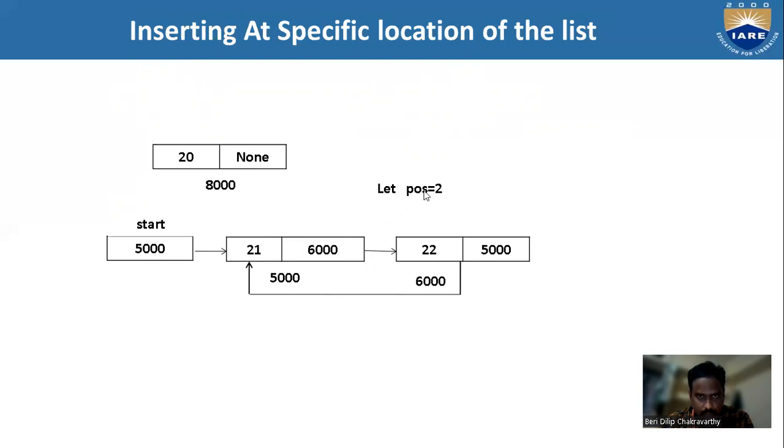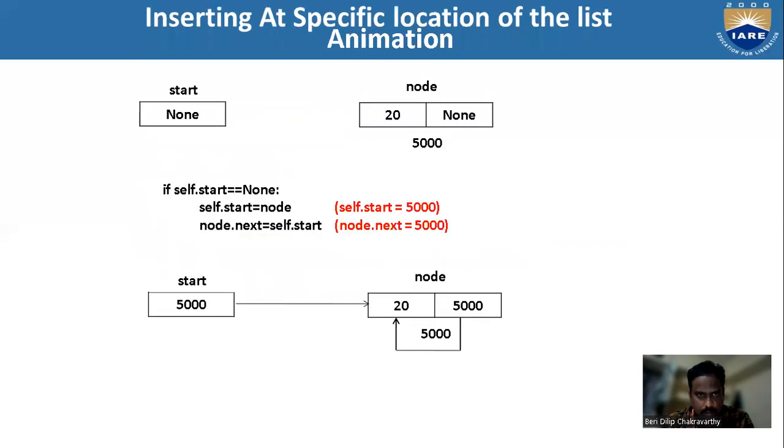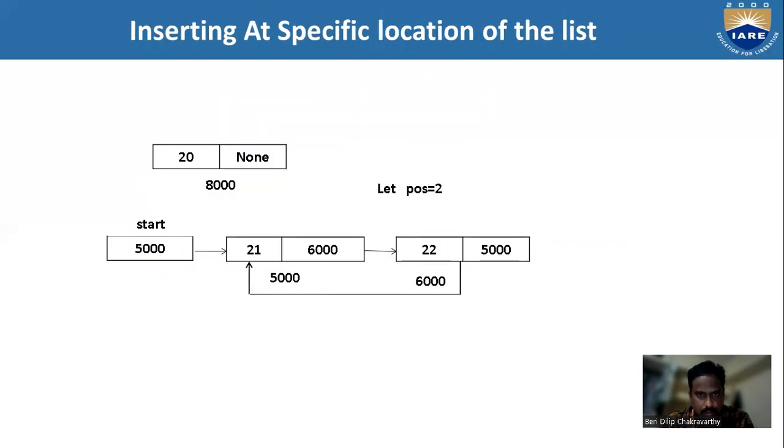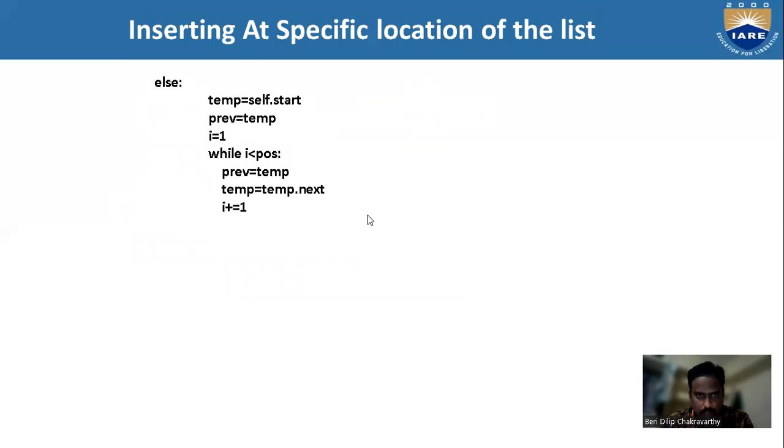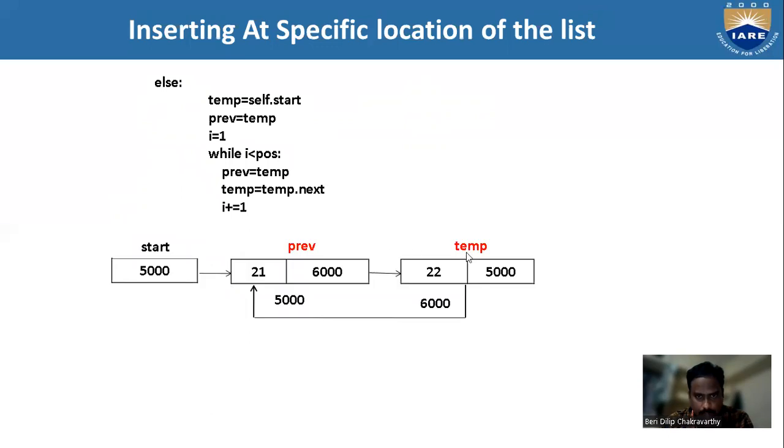If I have not reached the position, I'll just move my temp to the next location. This is position 1. See here, temp and i equal to 1, so this is not equal to position. Next, I'll move my temp here.